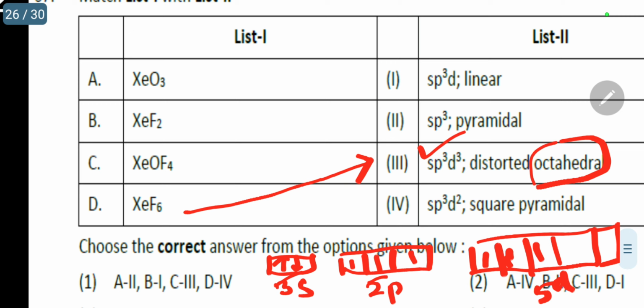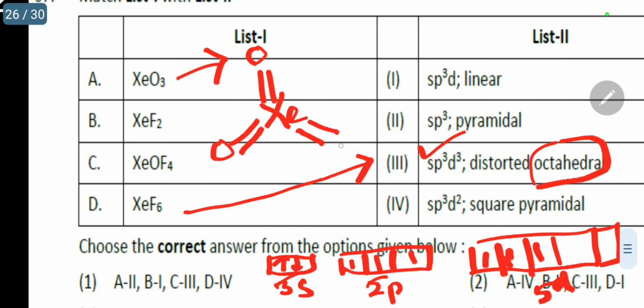Then in the same way, you go for the first one, A. Why have I taken this? All sigma, that's why I have taken it first for your understanding. Now let me go to XeO3. Again 3 into 2, 6 electrons going there. Here 2 pi bonds and 2 sigma.